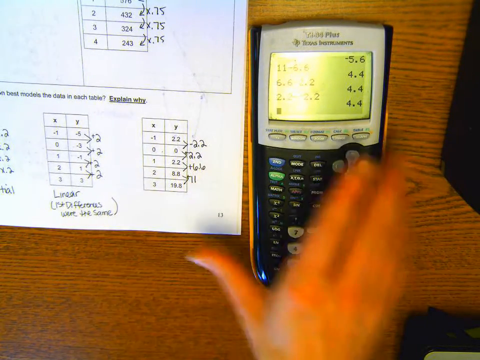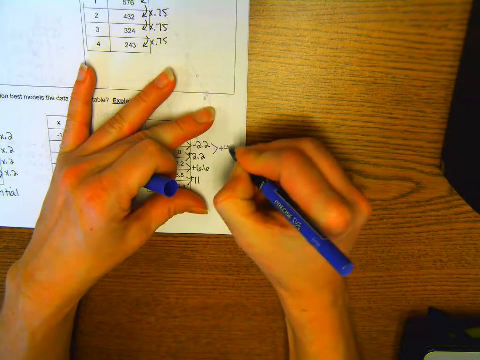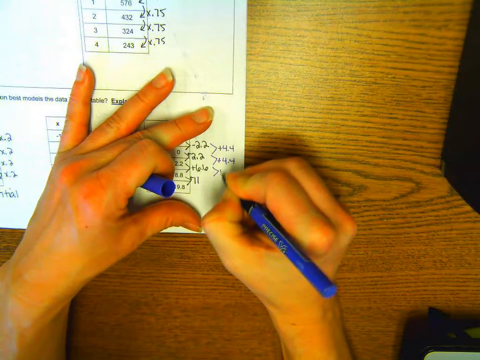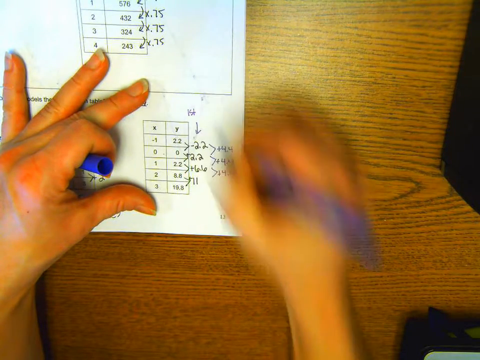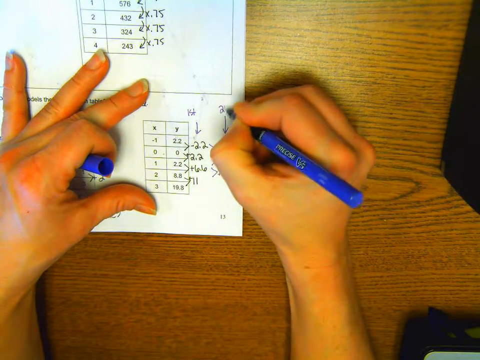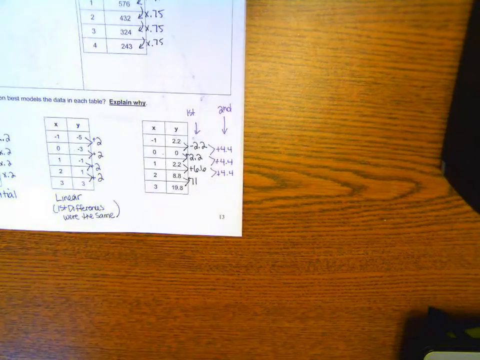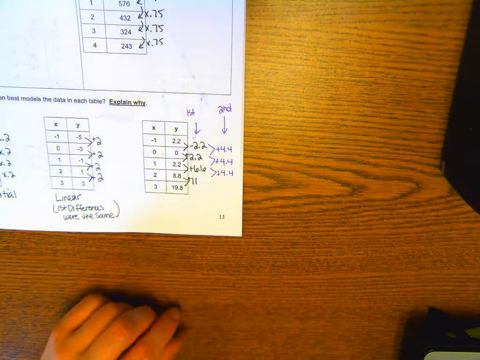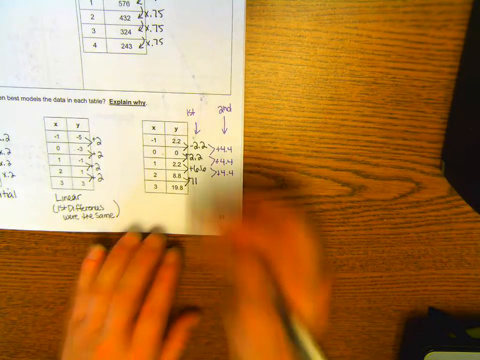Okay, so these were the first differences. These are the second set of differences. What kind of function best models that data then? If the second differences of y values are the same. Good. Above it says quadratic.